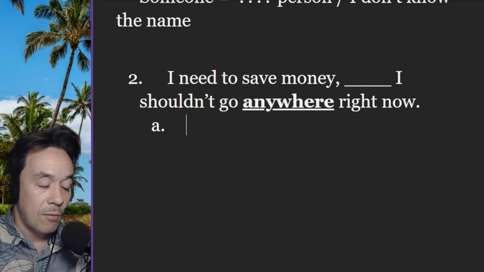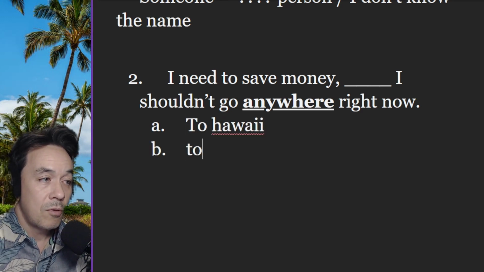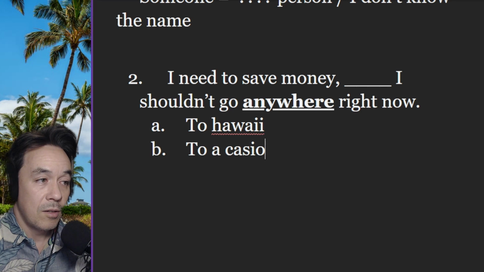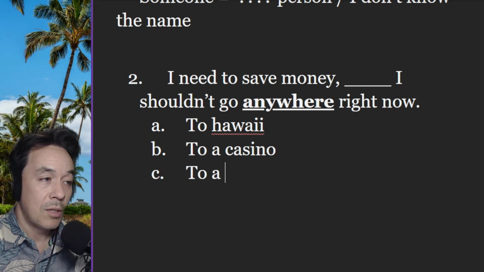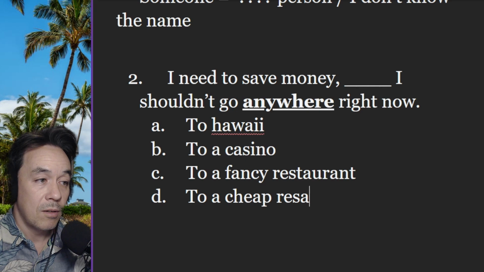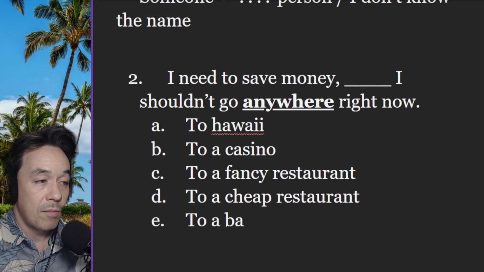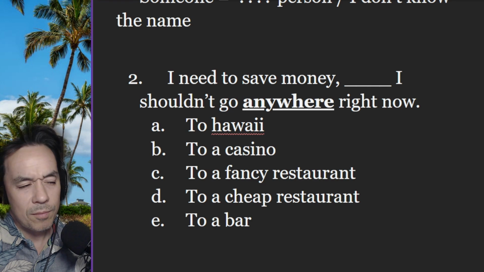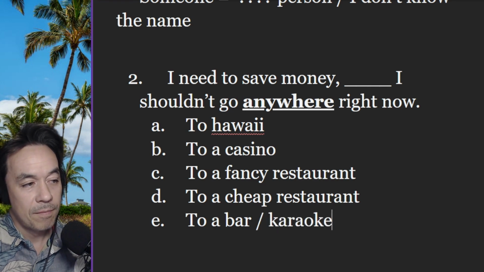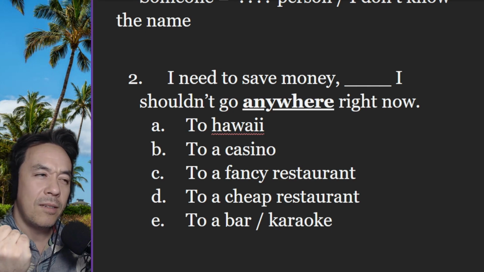For example, to Hawaii. For example, to a casino. For example, to a fancy restaurant. For example, to a cheap restaurant. To a bar or karaoke.